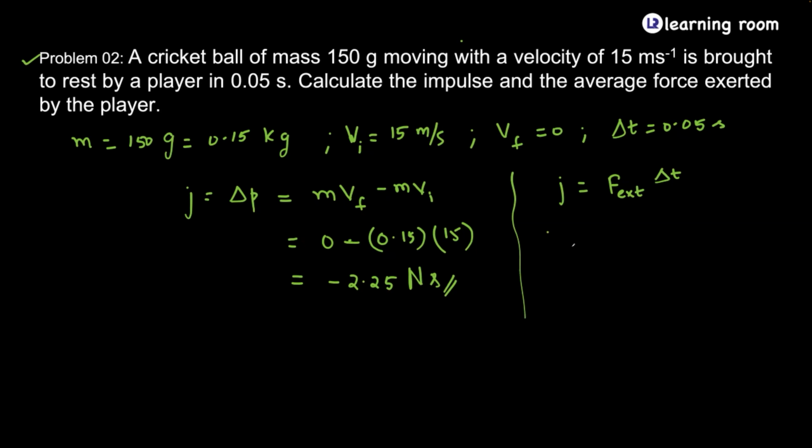So it is 2.25 divided by how much is the time? 0.05 is equal to the external force. So it is basically going to be 225 divided by 5, so how much is the answer going to be? 45. So it is going to be 45 Newton that is applied. Multiply with 100 and divide with 100, 225 by 5. So it is going to be 45 Newton.